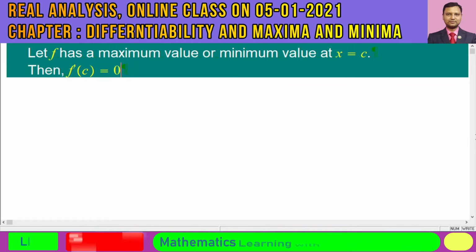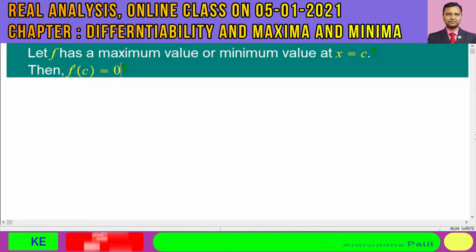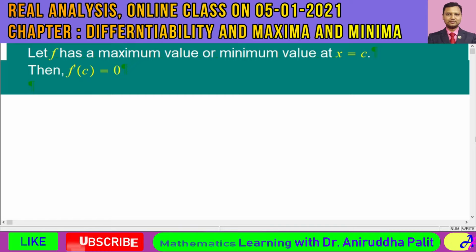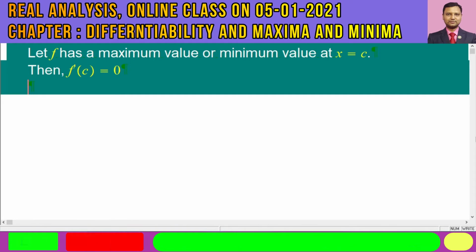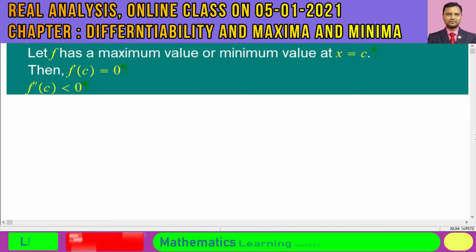Now suppose the function has sufficient differentiability, and we need to confirm whether the function has a maximum at the point x equal to c. Then you got a result in your class 11 and 12 level that the double derivative, f double dash at the point c, should be less than 0.